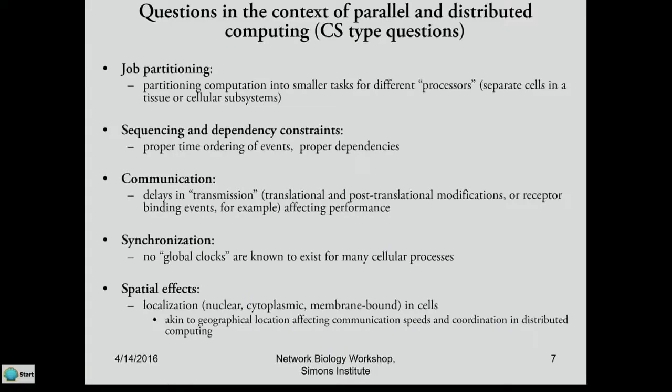And if you are a computer science student, not so much into biology, but a little bit of biology, and if you work in distributed systems, these are some of the things that might interest you.